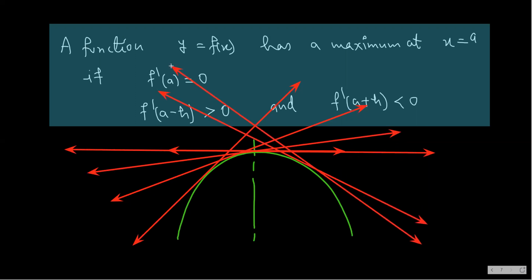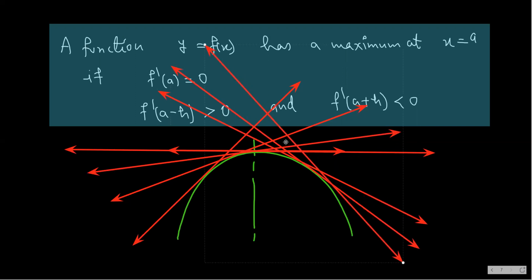This way, then this way, then this way. So try to understand why that curve is coming. Why is the shape of the curve that way? Why do we have the shape of the curve at maximum that way?